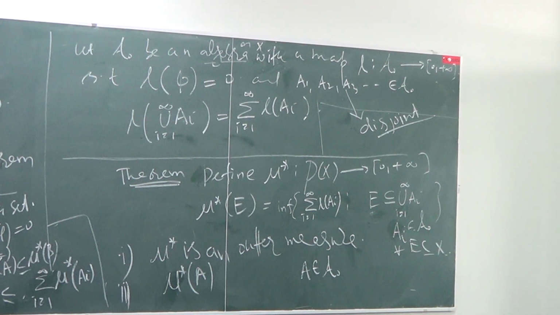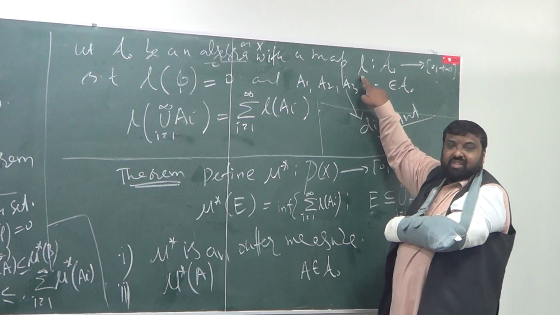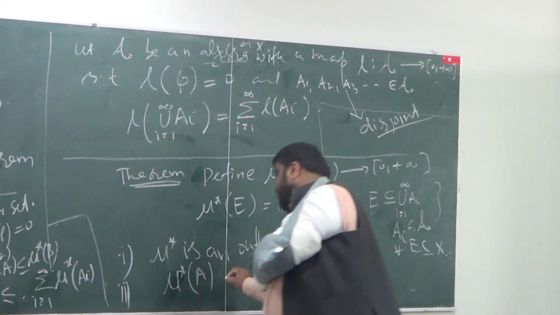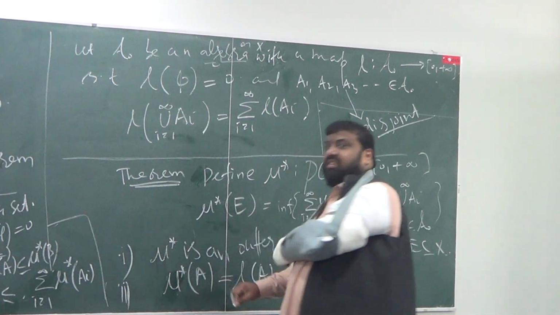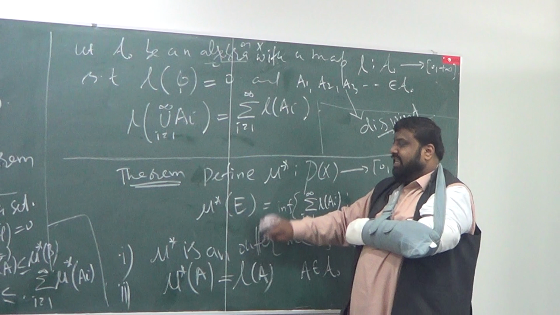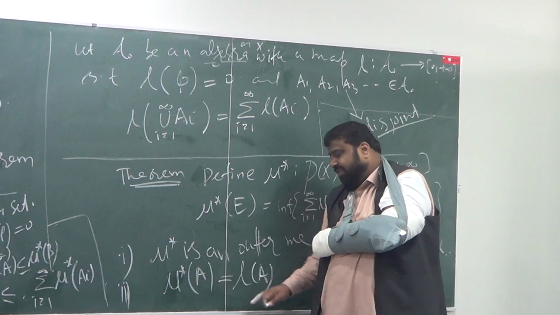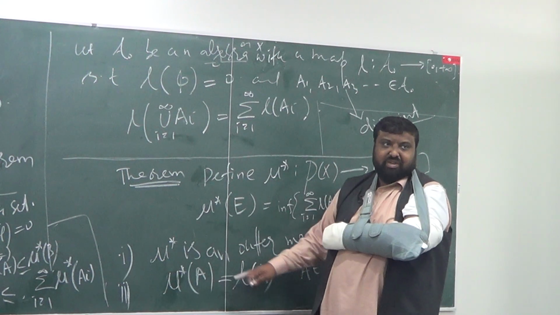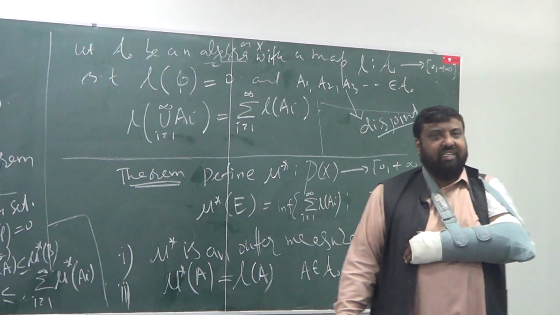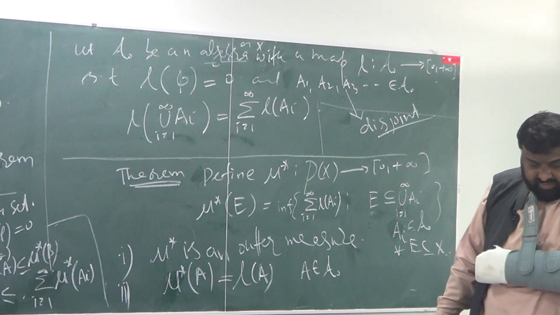Because on A naught you have this notion of length. Then mu star of A should give you the length of A. So I am extending this notion of length to the whole power set of X, but it meets with our particular cases as well. It meets our expectation, it's not something that gives you a different length.